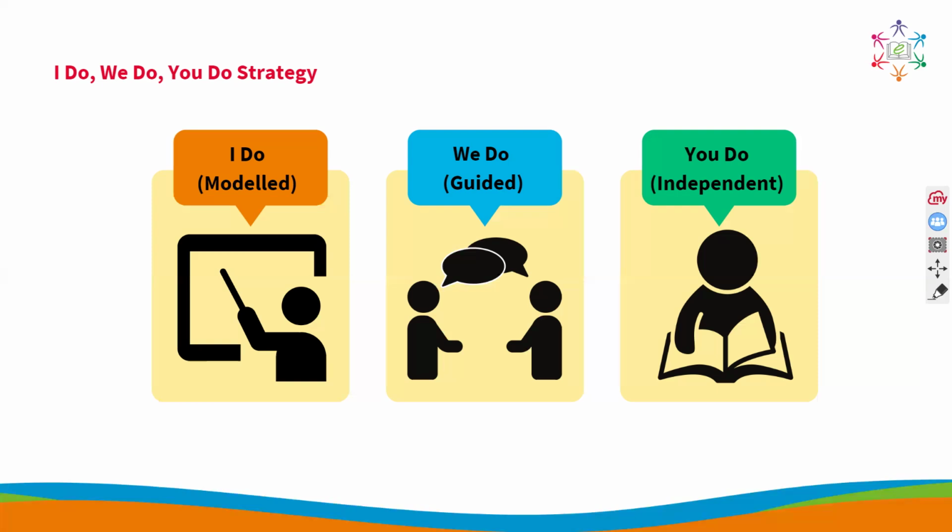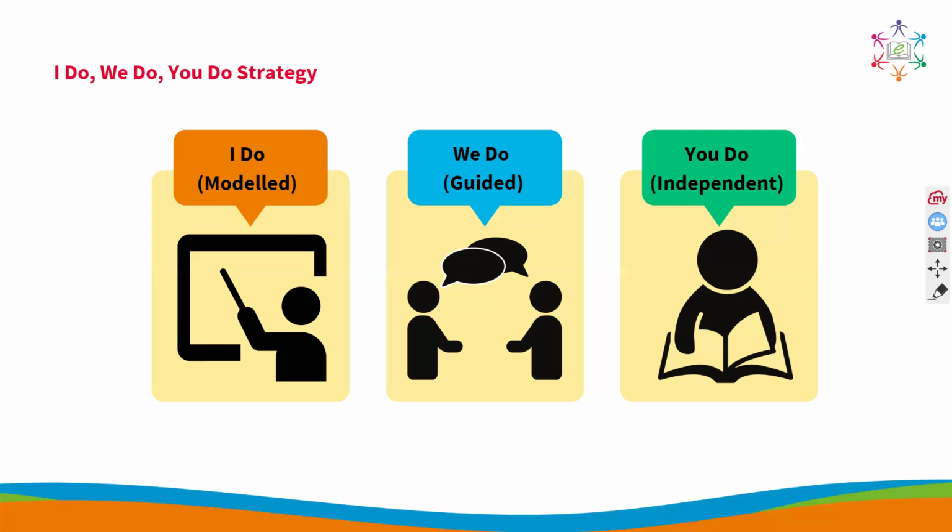Have them predict which will fall faster or slower, and then test their predictions by dropping the objects. As they do this, ask guiding questions. Why do you think the stone fell faster than the paper? What might happen if we crumple the paper? This phase allows them to apply the concept with your support, deepening their understanding through hands-on practice.